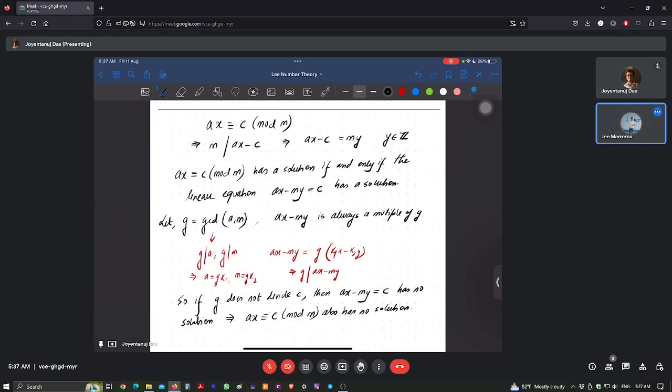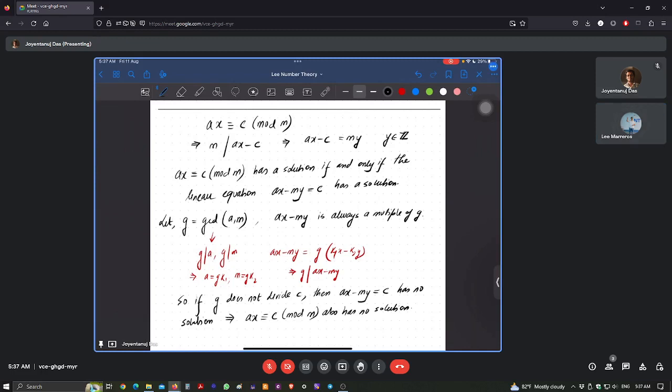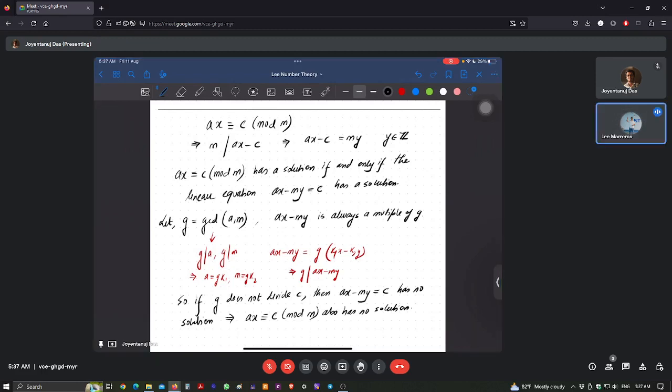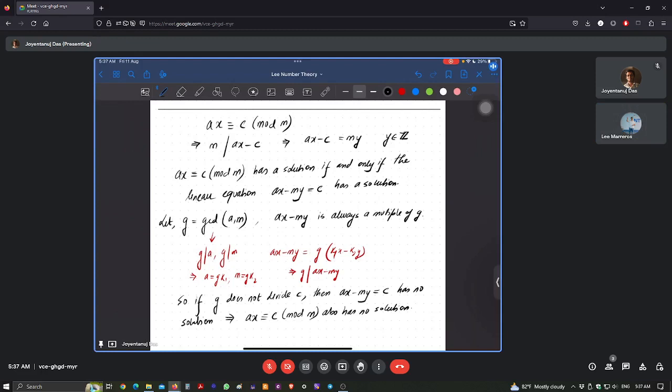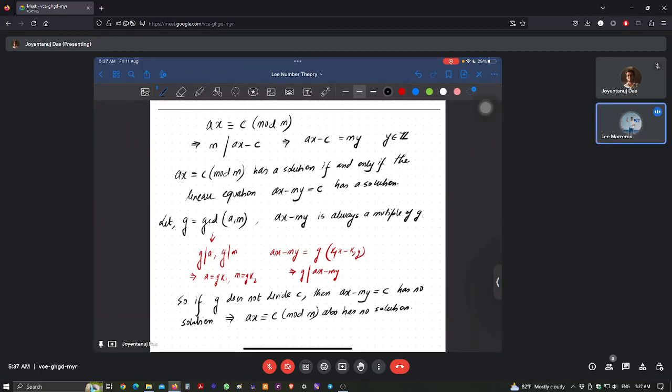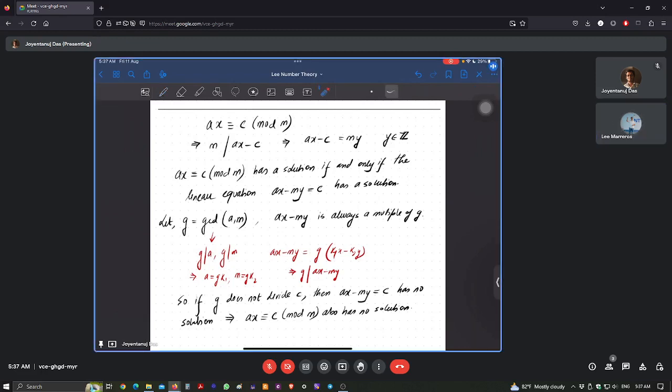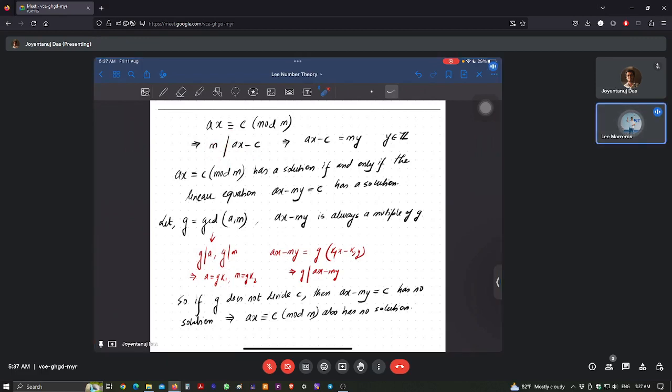If the remainder is c, then if I subtract it, the result must be divisible by m. So m must divide ax minus c.